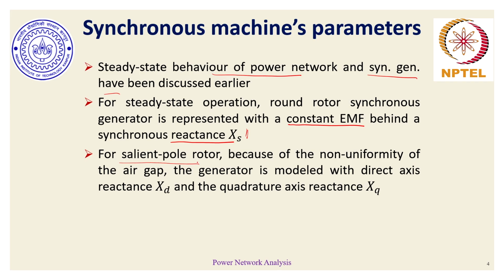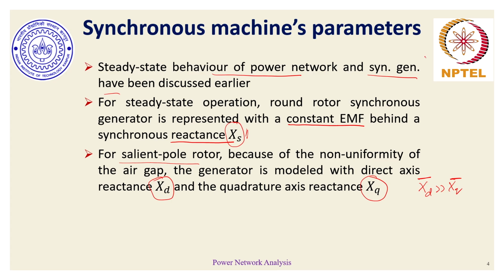So a salient pole machine, instead of having one unique synchronous reactance, tends to have two unique reactances, which we call XD and XQ, XD being higher than XQ. Usually, in practical cases, XD is much larger than XQ, because the air gap along the direct axis is minimum, so more linkage happens along the direct axis. The air gap being maximum along the quadrature axis, the corresponding linkage is also minimum.